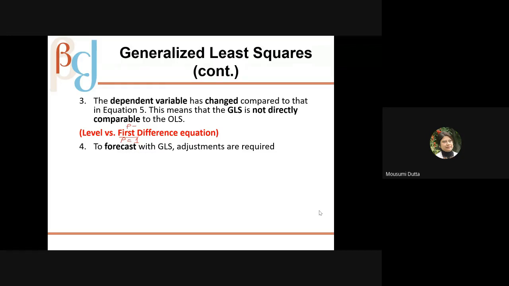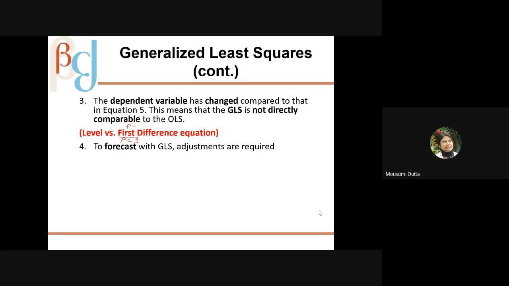Initially, you were at the xy plane, and now you are at the yt minus rho yt minus 1 and xt minus rho xt minus 1 plane. So the space at which you are deriving the results is changing. So the two regression equations are in no way comparable.